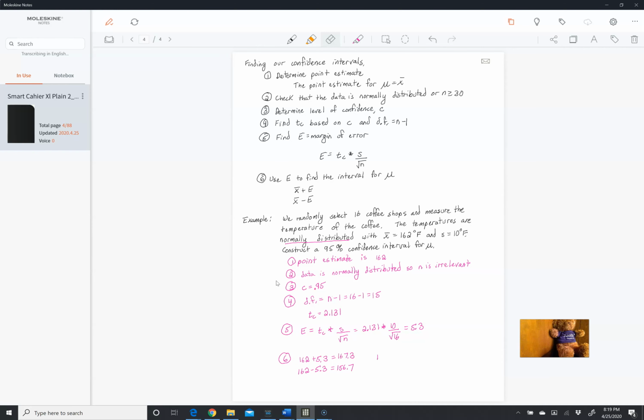We're saying that the population mean falls somewhere between 156.7 and 167.3. Okay, so the mean temperature of the coffee is somewhere between these two numbers, with 95% probability that it's somewhere between those two numbers, okay?